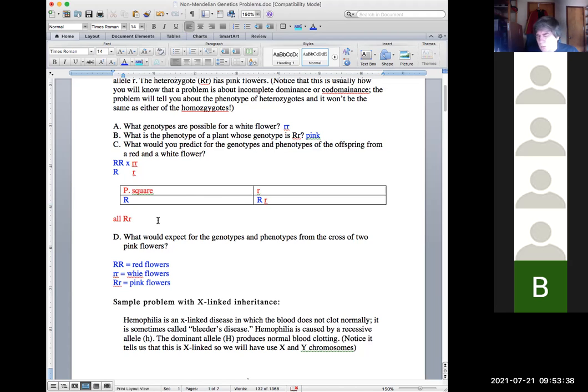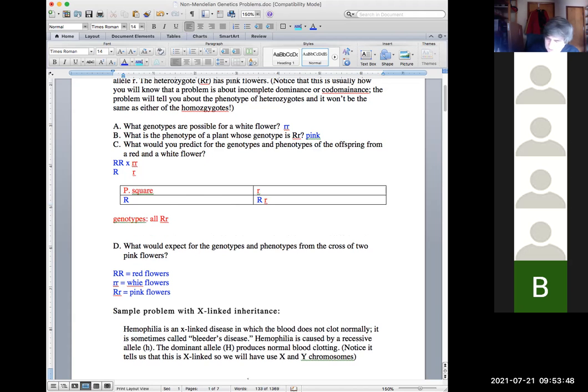That's their, what, genotypes. What about their phenotypes? Well, they all make pink flowers.